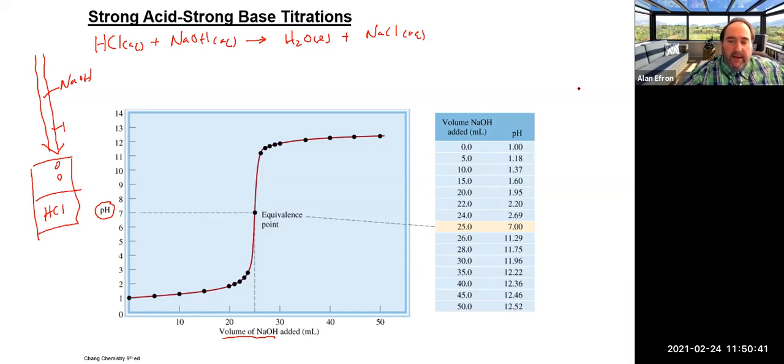So let's talk about how we can figure out what is going on in each of the places along this curve. Let's talk about what happens at the very beginning, the very start of the titration, before we add any sodium hydroxide.